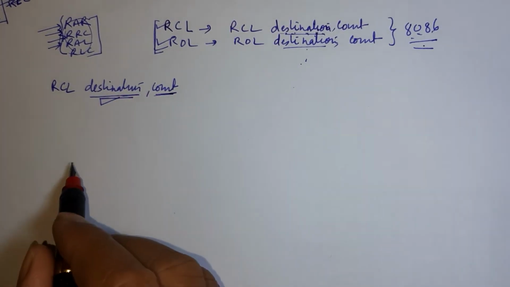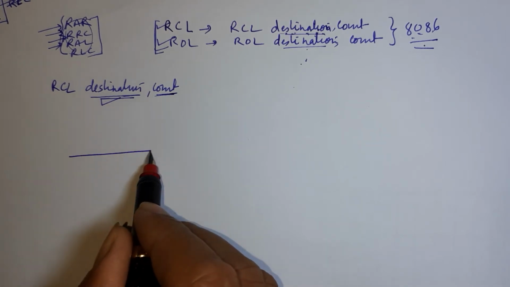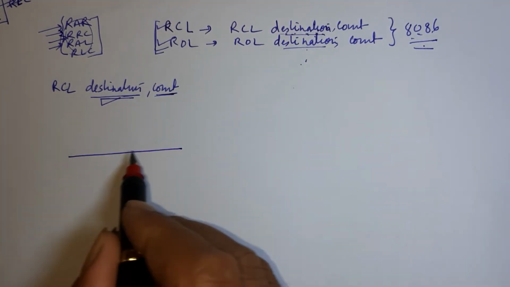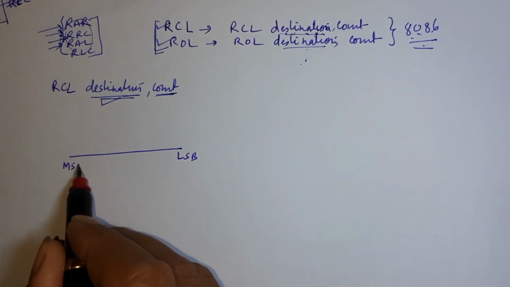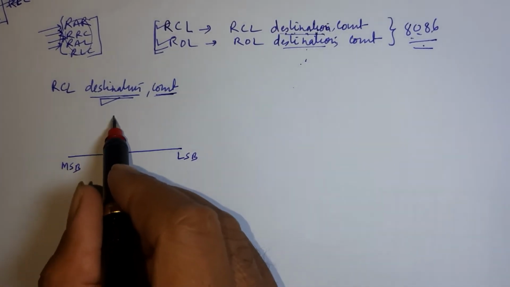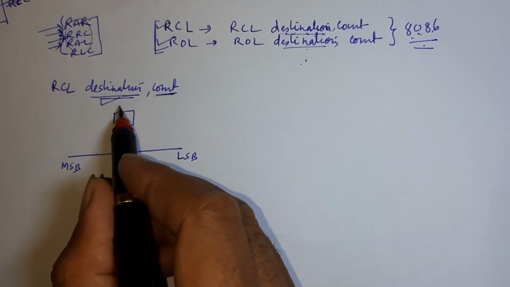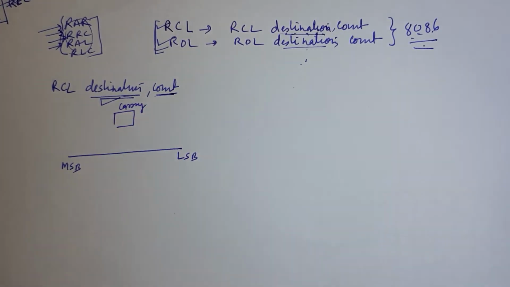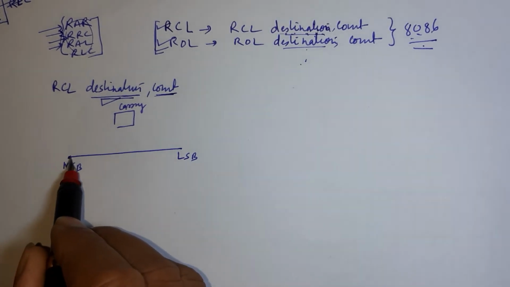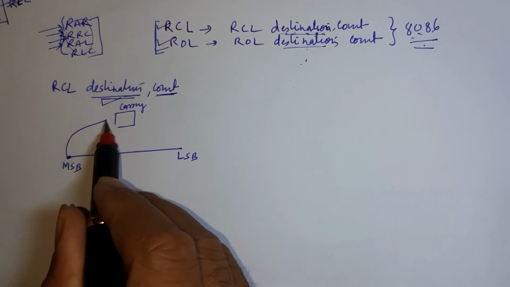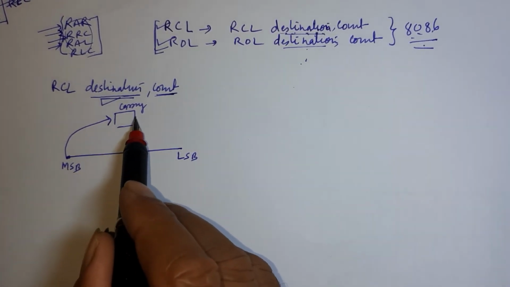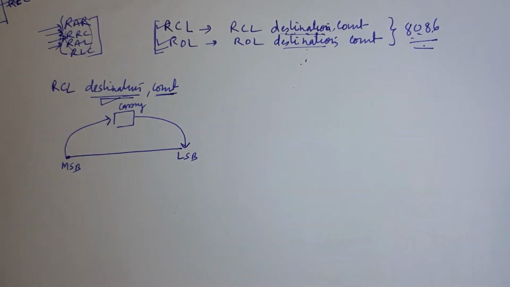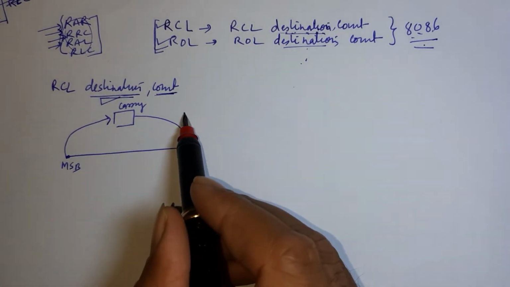Now what happens, suppose this is the content. This is the LSB, this is the MSB, and this is the carry. In this case your MSB will rotate into carry and the content of carry will go to the LSB. This is the first time.